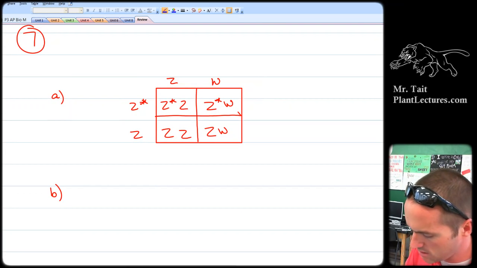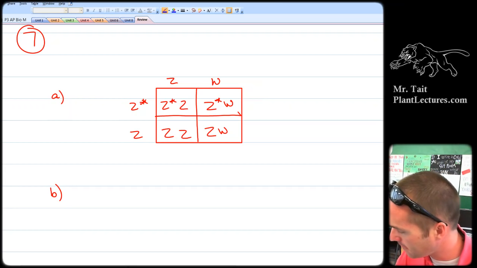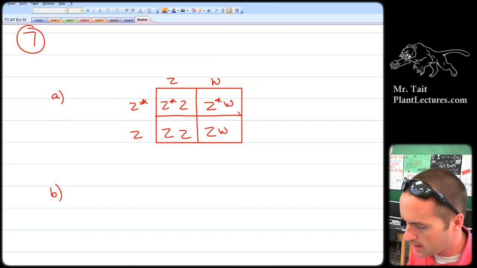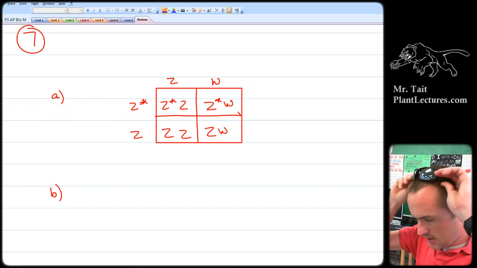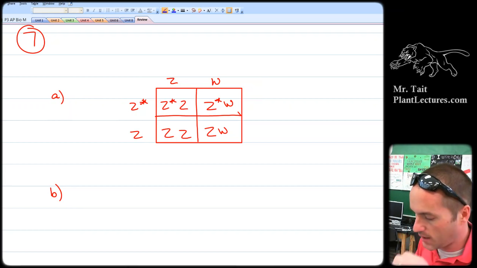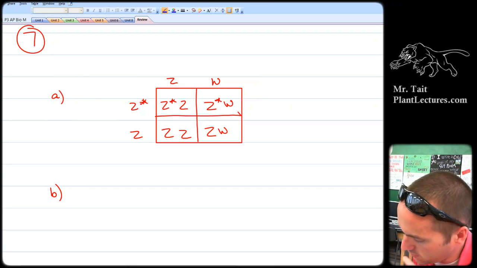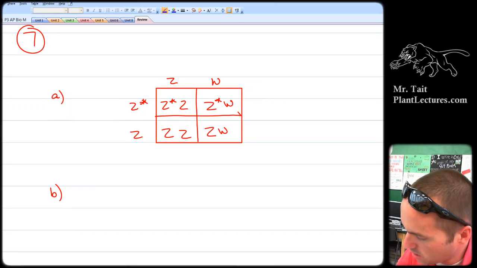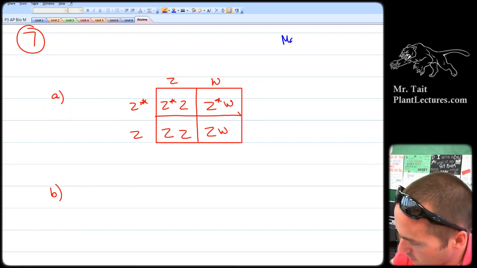Question 7 is about the fish that changes its gender based on temperature. Okay? And so the important things to note here, it says that there's all kinds of different phenotypes, right? So here are the males.